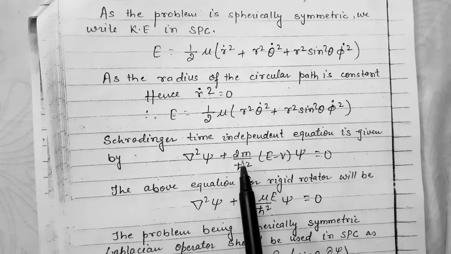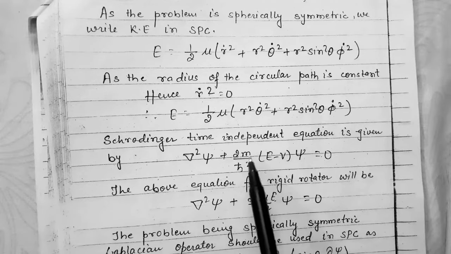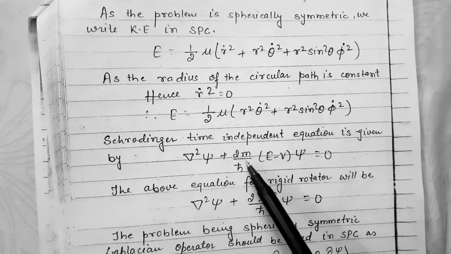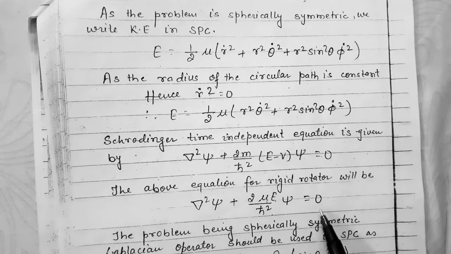Okay, we have to assume here a single body which is associated with the reduced mass, so we have to replace m with mu, and the equation will be written like this.